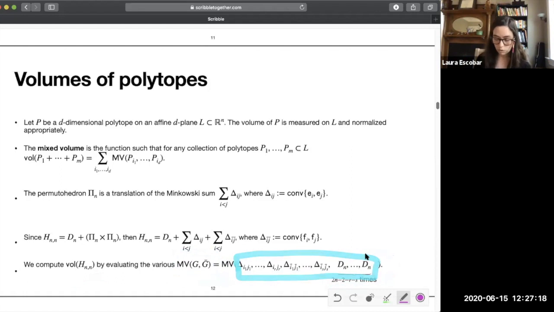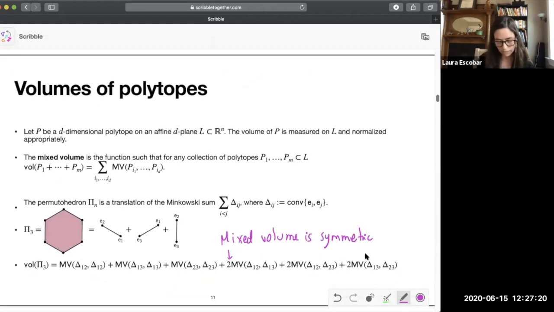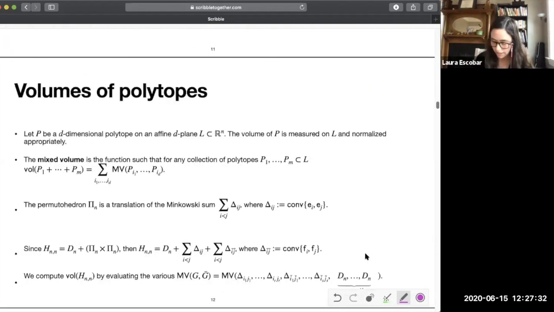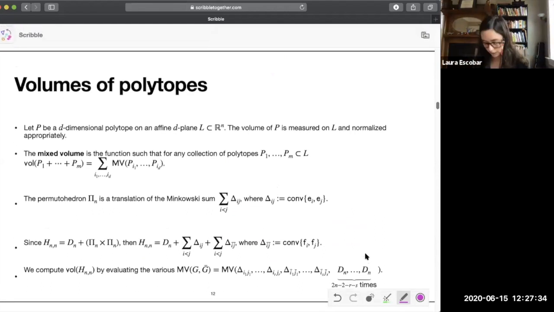If you remember, for the permutohedron we only had 2 terms, because the permutohedron is 2-dimensional. So R and S are just 2 numbers between 0 and 2n-2, so that you have the right number of terms when you're evaluating the mixed volume.